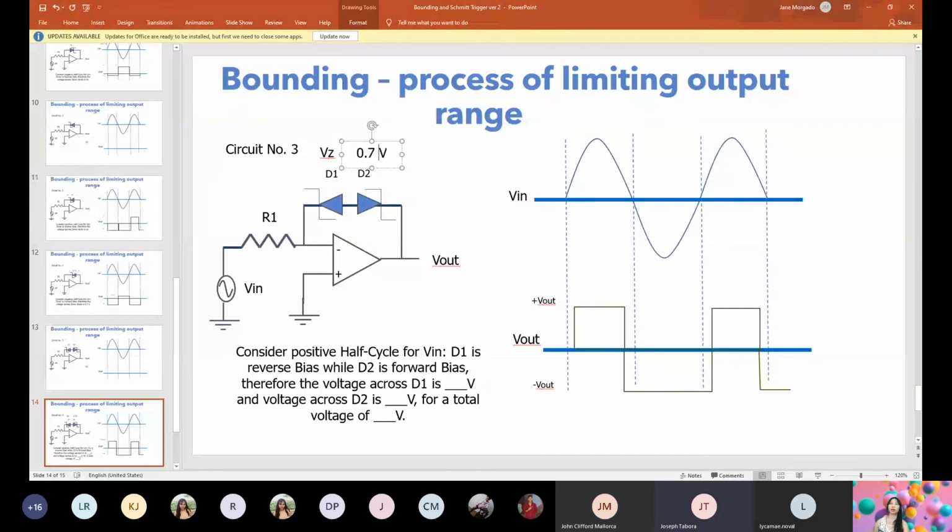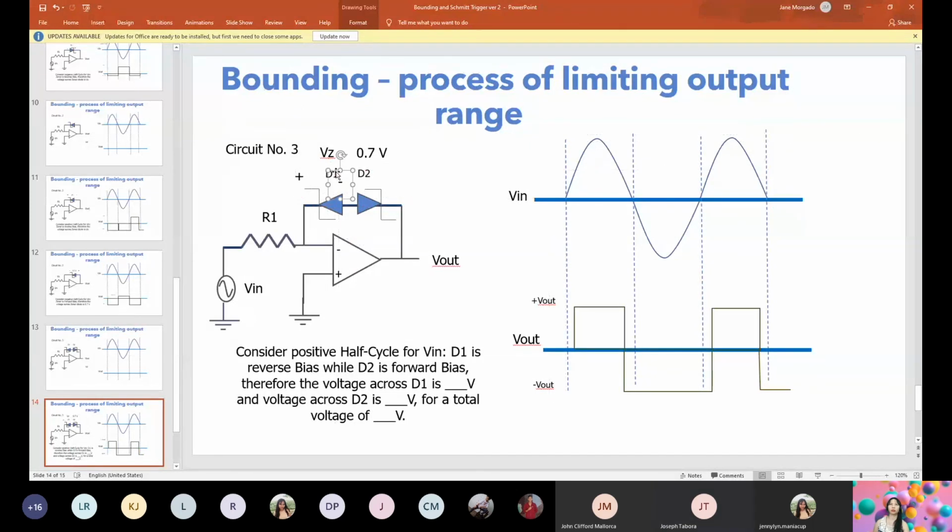So how about the polarity? Where is the positive for D1, at the anode or cathode? Cathode. So we have positive at the cathode and of course negative at the anode.